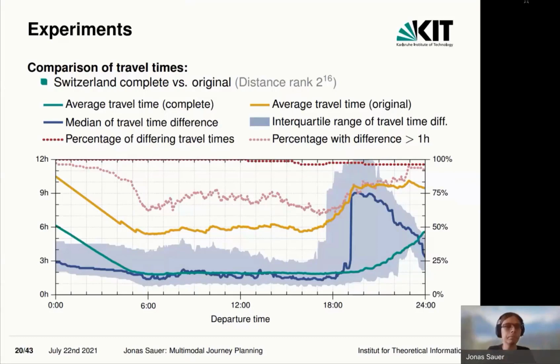So it's not like we're starting at some road somewhere in the middle of nowhere. We are starting at actual public transit stops. So we would expect that we are connected to the public transit network.